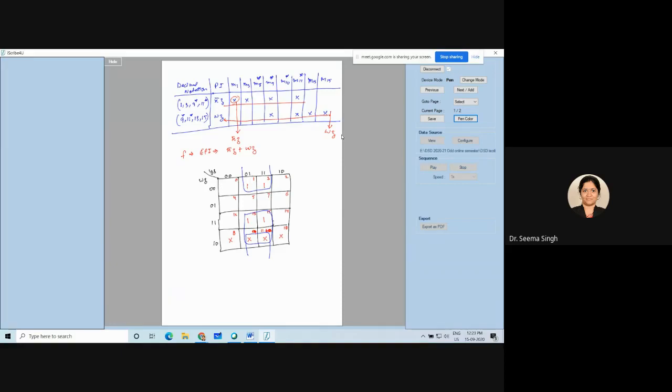So which one is this group? Which one is this group? And which one is this group? Fast. Yes, answer fast. You are there with me or not?